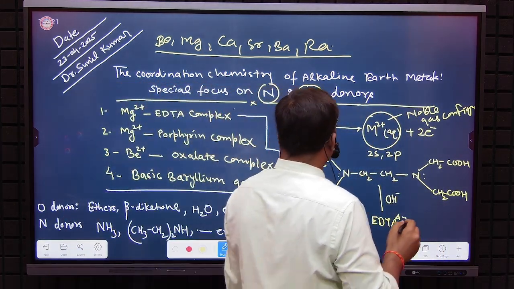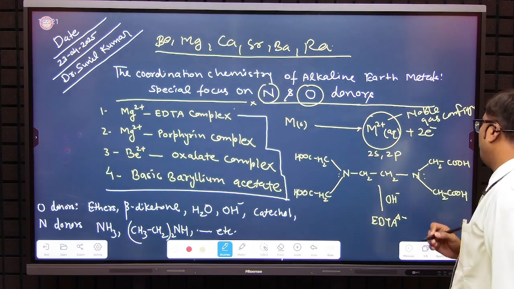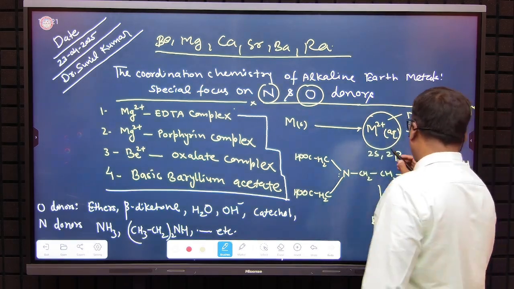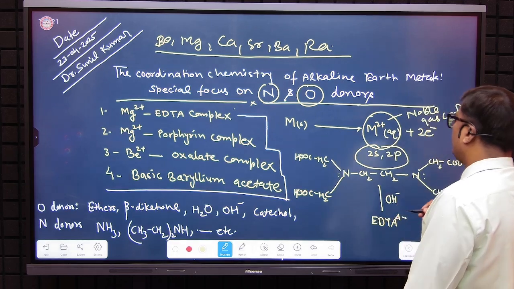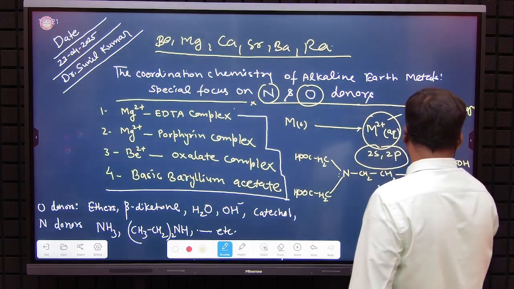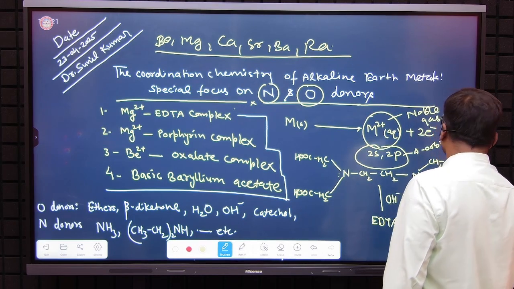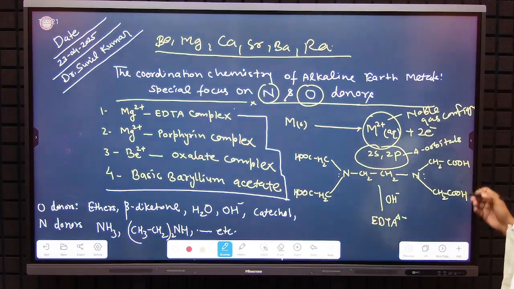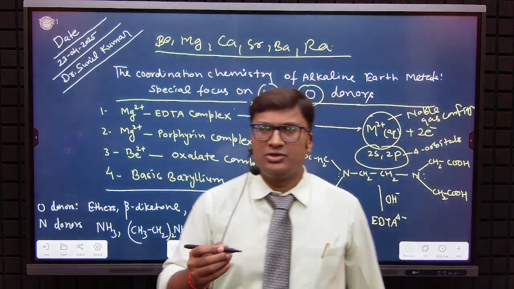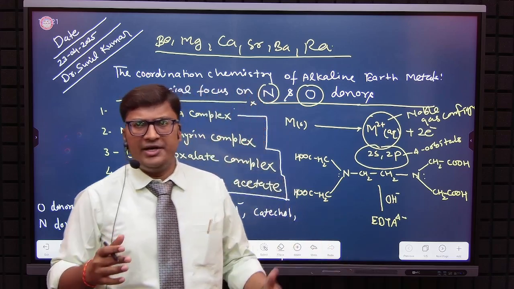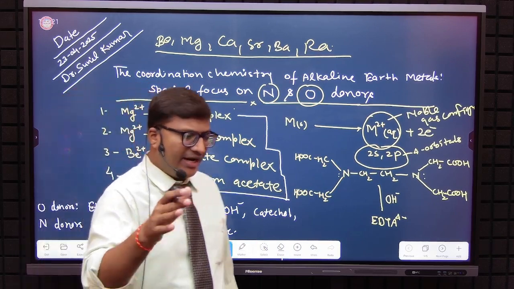In case of beryllium and magnesium, the 2s and 2p are vacant. So overall M2+, for beryllium 2+ or magnesium 2+, actually contains 4 orbitals, right? These 4 orbitals are responsible to form a bond. The bonds may be either covalent or coordinate depending on the nature of that particular ligand, right?